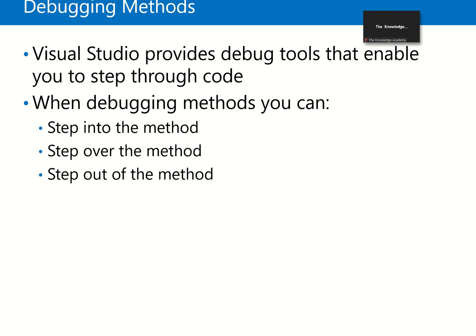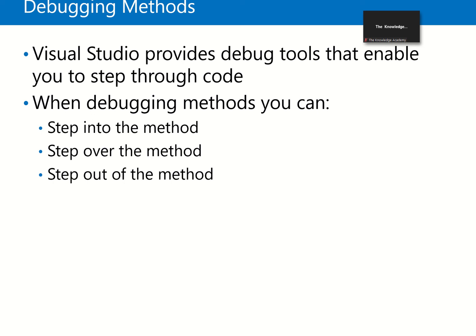The code will move to the statement after the method call, unless you put a breakpoint inside the code for the method or property. Otherwise, this feature will not step into the code inside the method, unless you put a breakpoint.